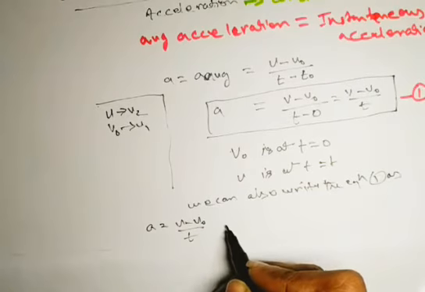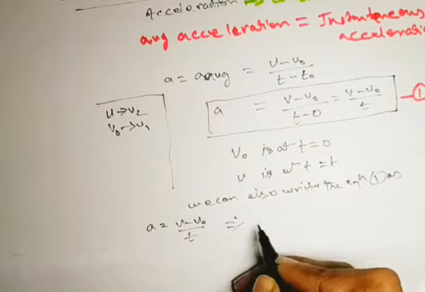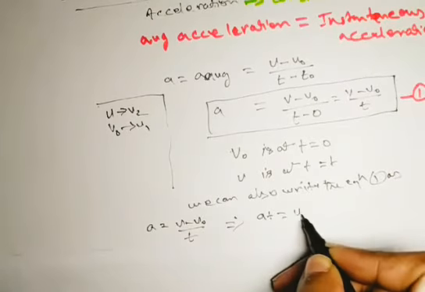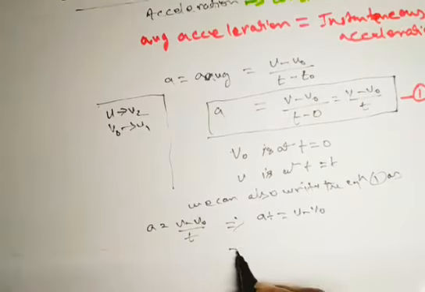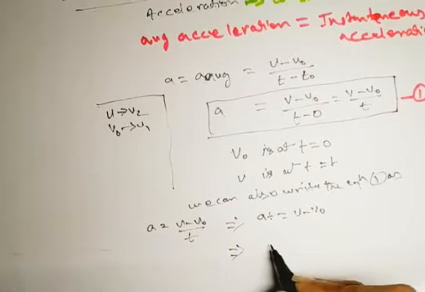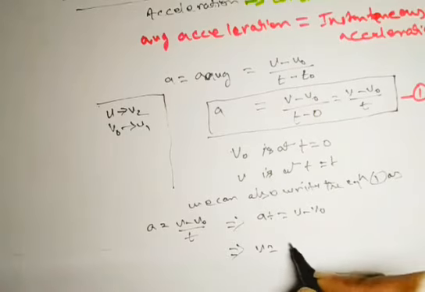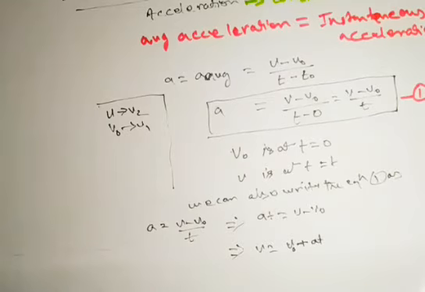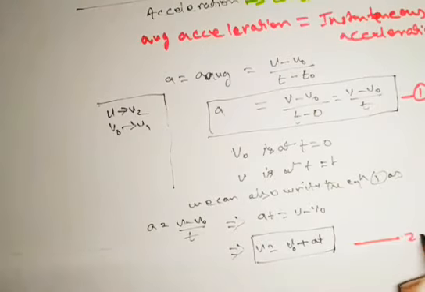Then we can also write it as at equals v minus v naught, and also we can say v equals v naught plus at. This is equation second.